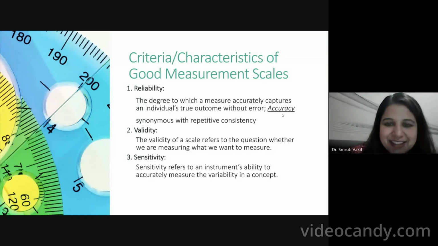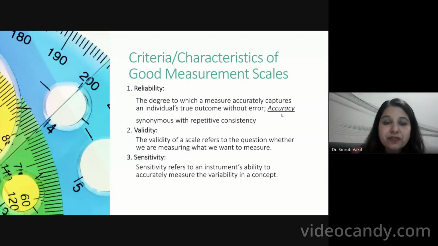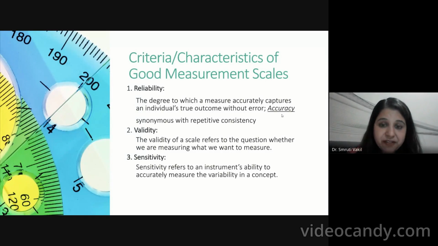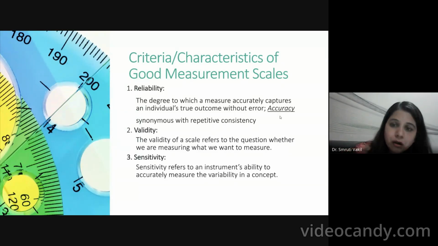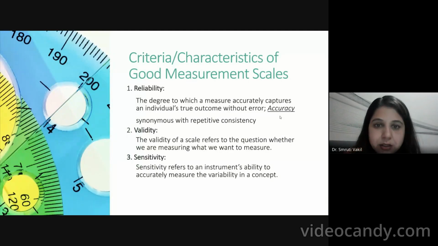So that is validity. Validity of the scale refers to whether our scale is measuring the same thing that we want to measure. Let's say, for example, if I want to measure job satisfaction, whether my scale is giving me job satisfaction or work-life balance or something different other than that. So whether that is valid to measure job satisfaction will define the validity of my scale.